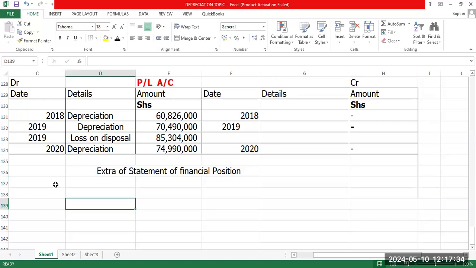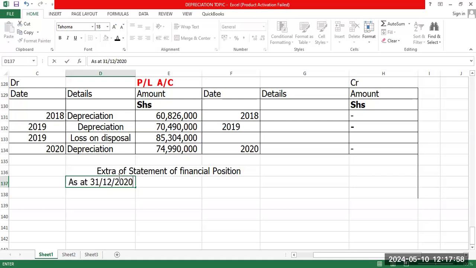So with an extract, it depends on the question, but mostly they always specify. They can tell you maybe you do for the whole years from 2018 to 2020, or you do for a specific year. They can say as at 31st December 2020.